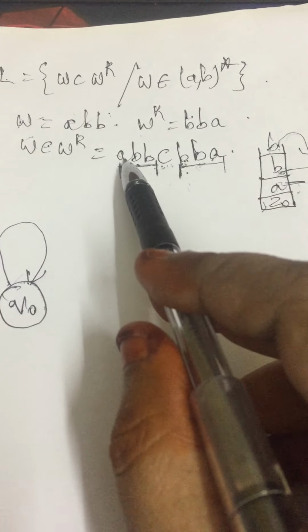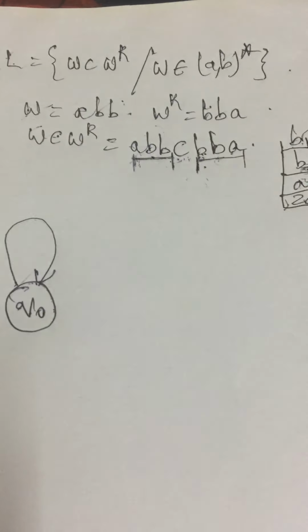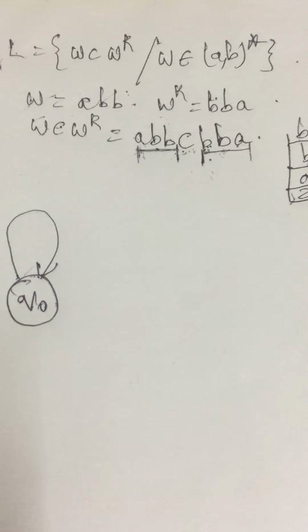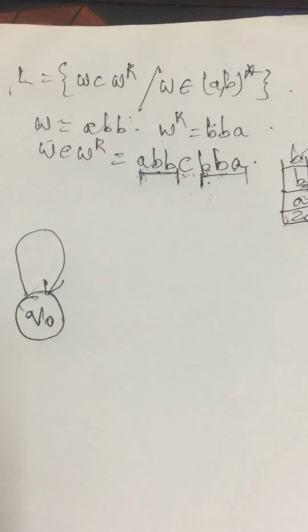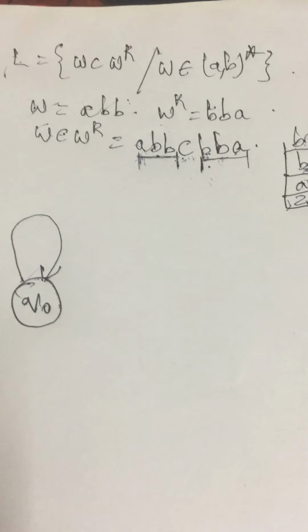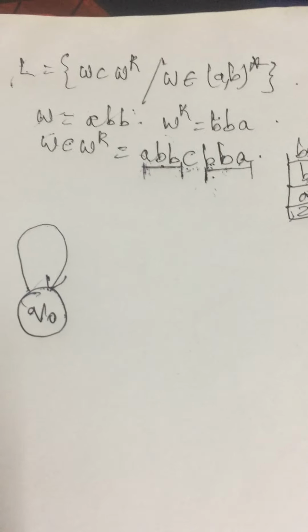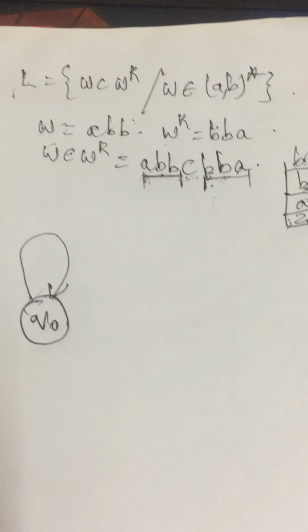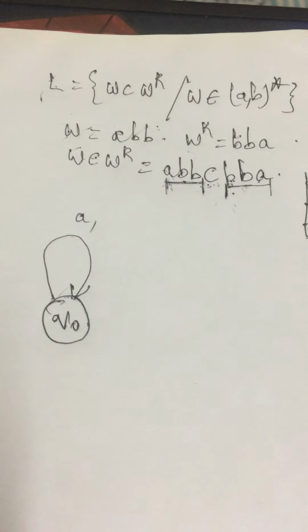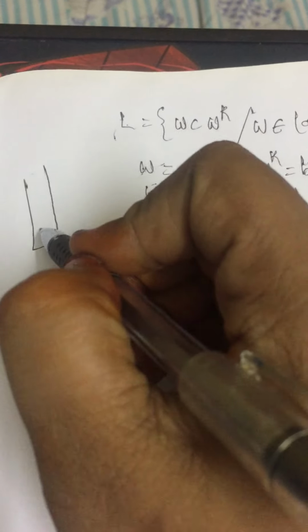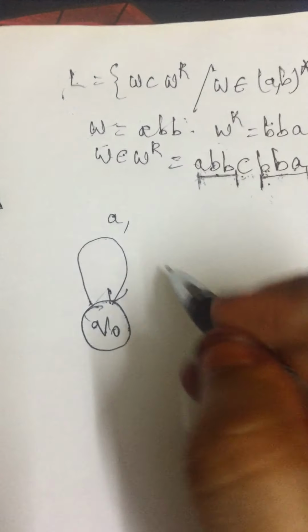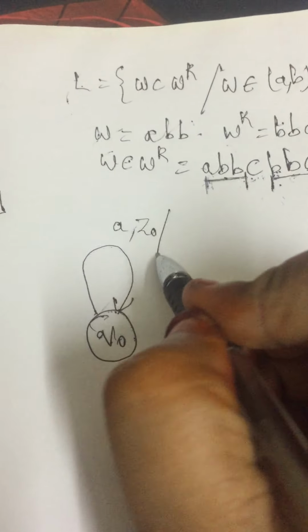See, here my string has started with A. Someone might consider the string starting with B. So we are going to draw this diagram such that the string can either start with A or with B. Now let us consider if my string starts with A. Now the top of the stack will be Z0. See here, the top of this stack is Z0 by default.